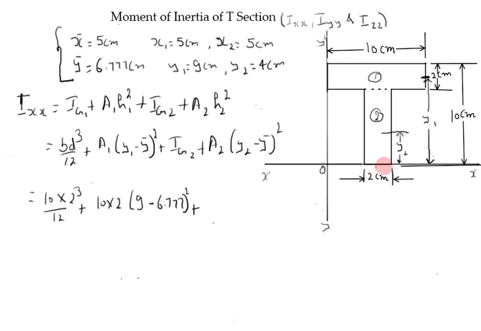Again b is parallel to the x-axis, this is 2, and perpendicular to the x-axis d is 8, so 2 into 8 cube by 12, plus a2, 8 into 2 into y2, 4 minus y bar, 6.777 square.